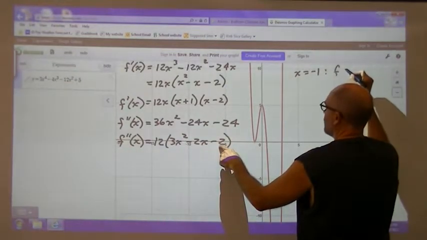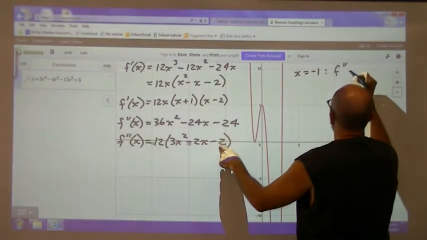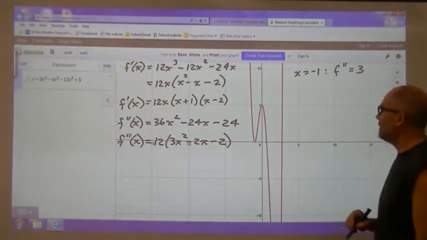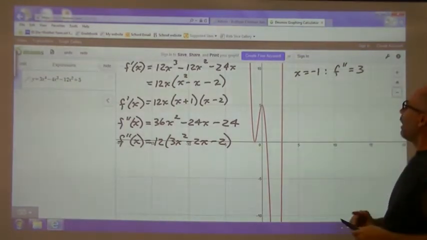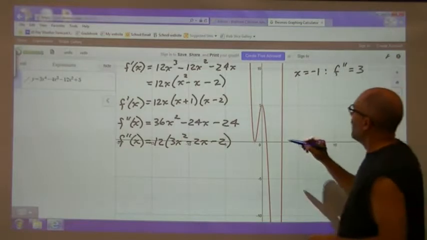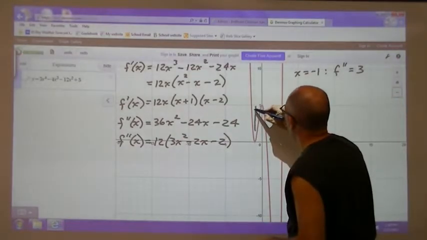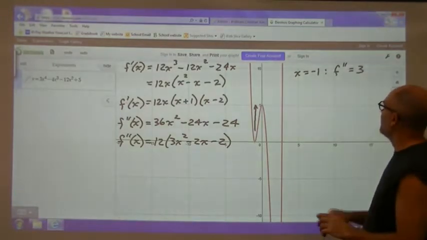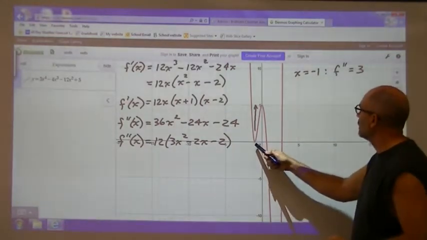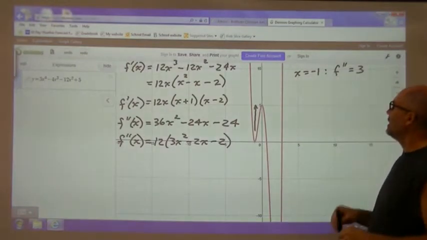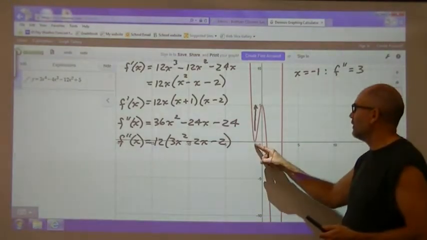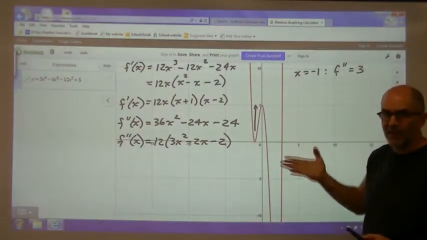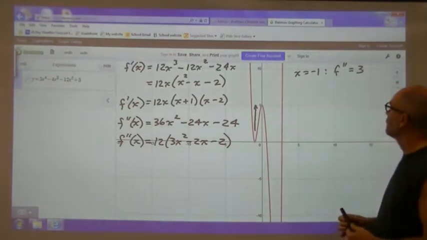So f double prime equals 3. What does that mean? That means it's positive, so it's concave up right here at x equals negative 1. And that means x equals negative 1 is a relative min because the first derivative is 0 and the second derivative is positive. That makes it a relative min by the second derivative test.